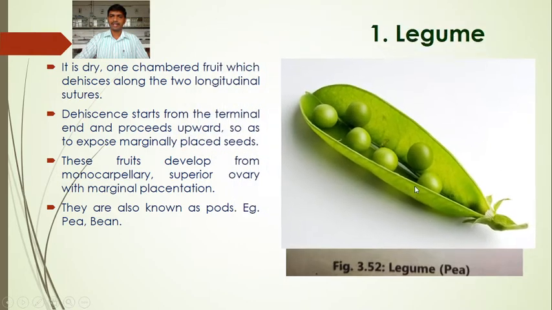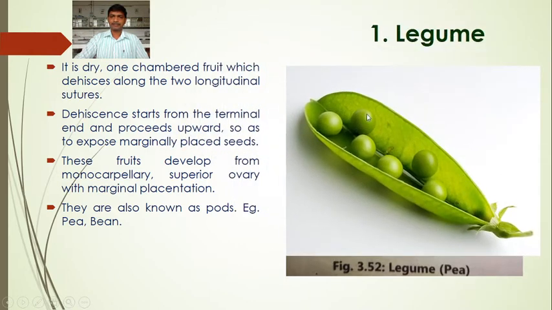Here we can clearly see the dehiscent suture, where it dehisces longitudinally. Here are two longitudinal sutures, this is the one, this is another one. So this fruit is a one-chambered fruit which dehisces along the two longitudinal sutures. That type of fruit is a legume fruit, which is a dry fruit.